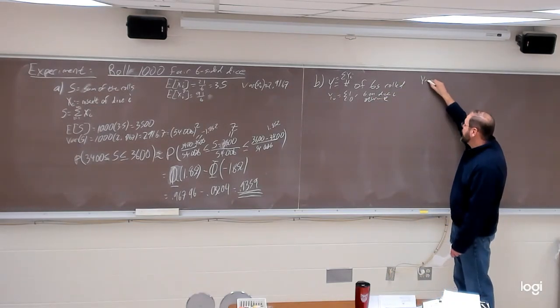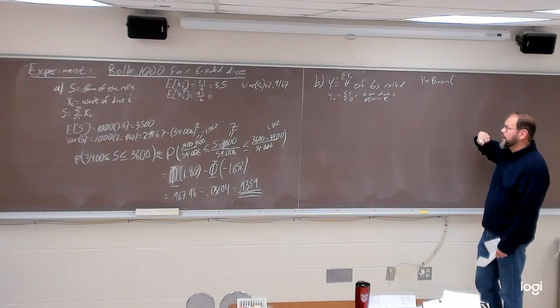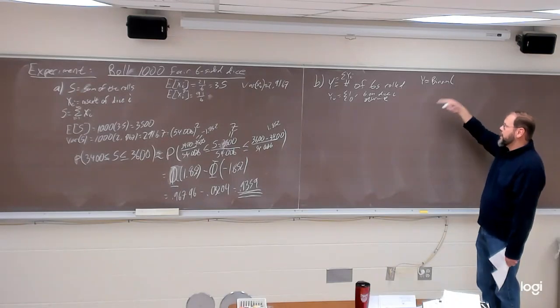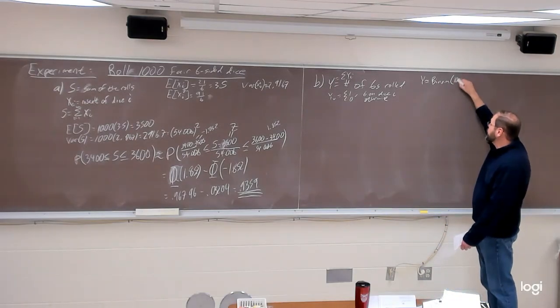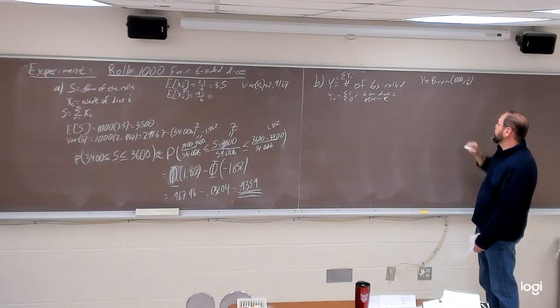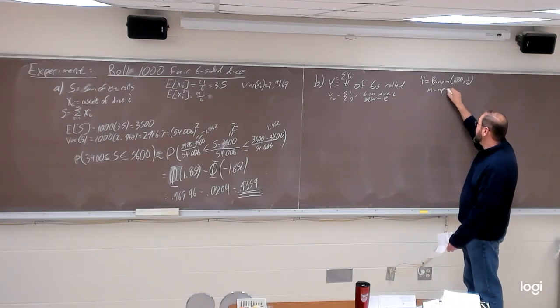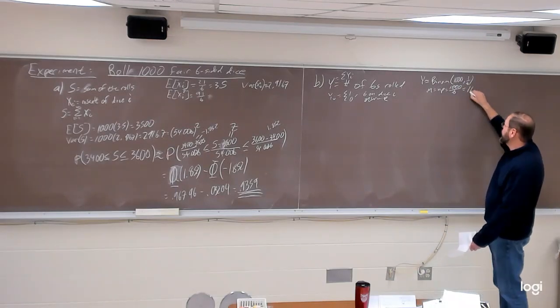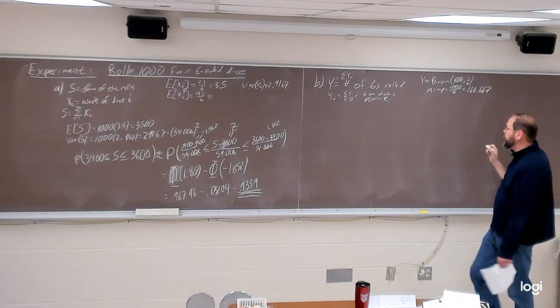My Y is binomial with mean equal to, how many 6s do I expect? Well, np. It's binomial where n is equal to 1,000, and p, the probability of success of rolling a 6, is 1/6. So my mean is np, which is 1,000 over 6, about 166.667, with the 6 repeating.